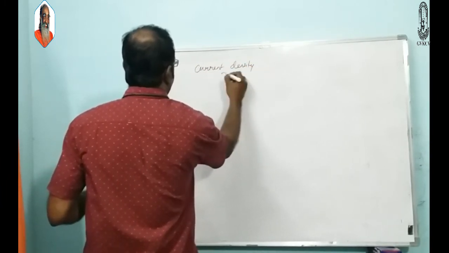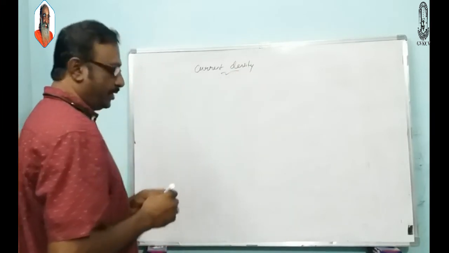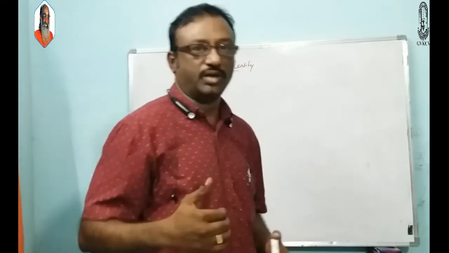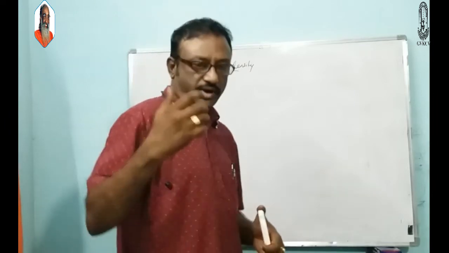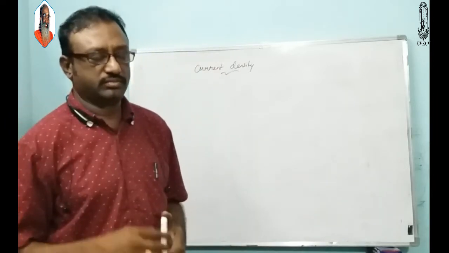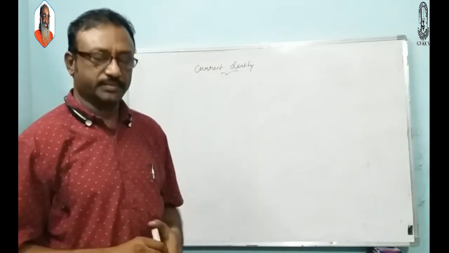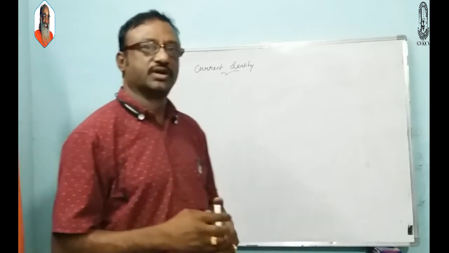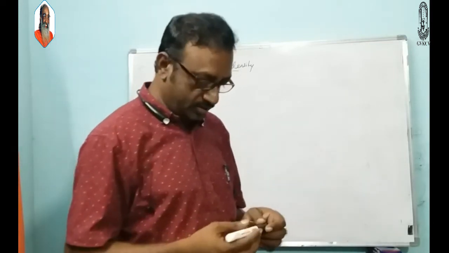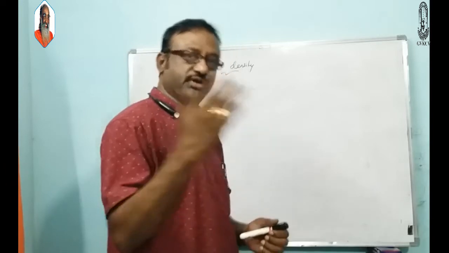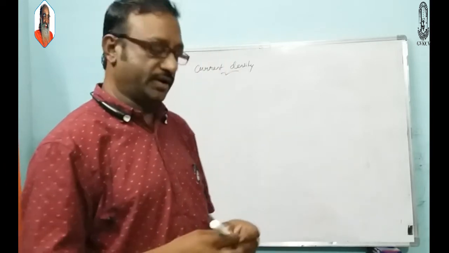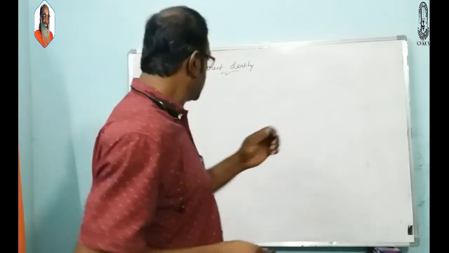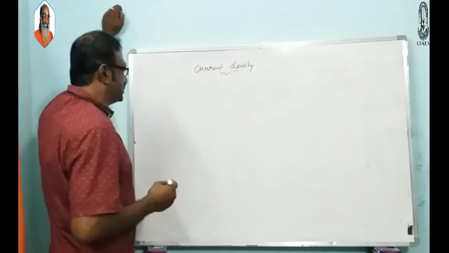We talked about it very little, so in detail we'll learn about it today, along with one more important thing which is necessary for understanding electric current, especially the current flowing in a conductor. Right, now let us talk about current density.